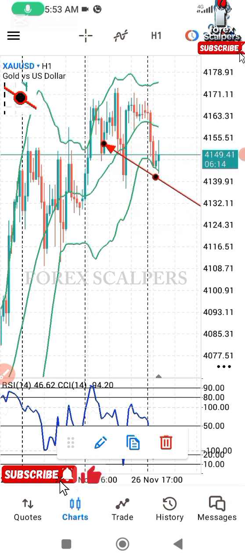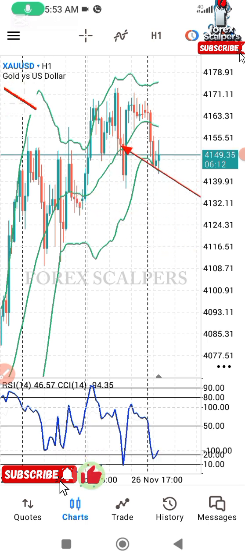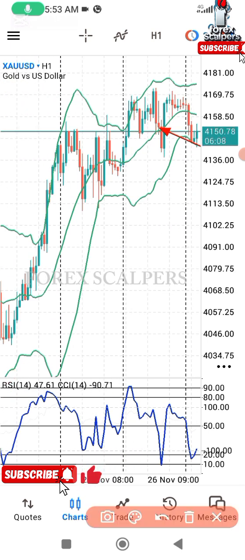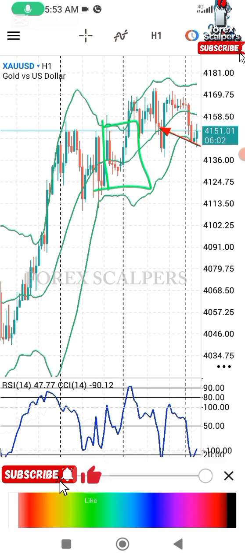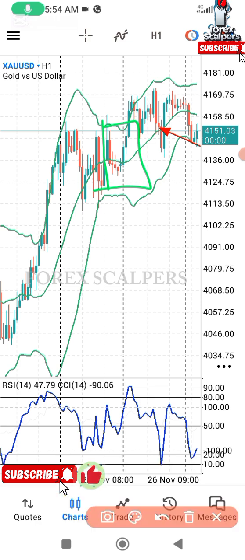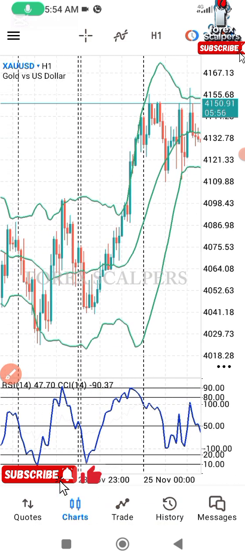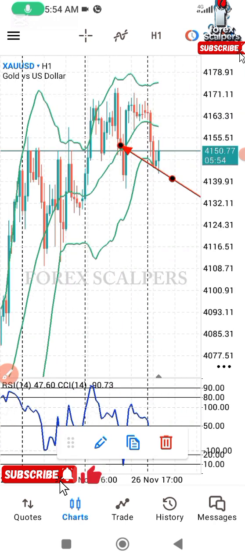Once you have that scenario, you must ensure that the middle Bollinger Band is not shrinking, just as you are seeing here. Anytime the middle Bollinger Band is shrinking, it's obviously a ranging market. So you need to wait to ensure that there is volatility, the band is not shrinking.